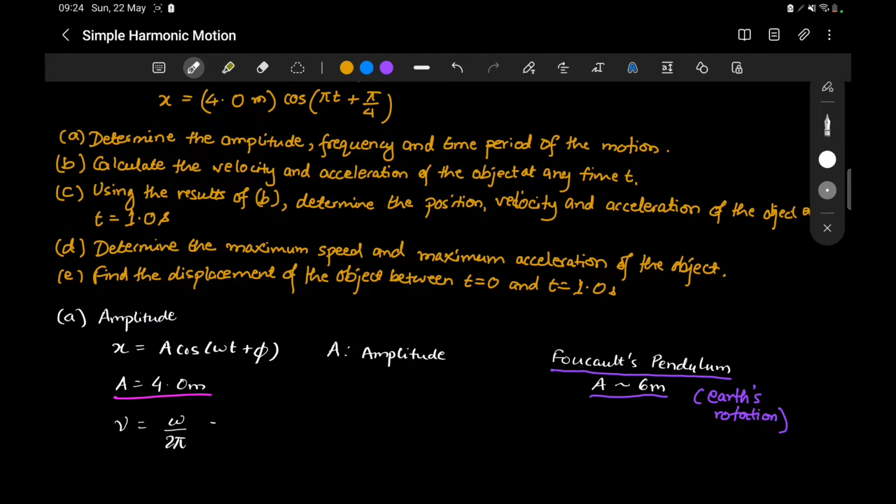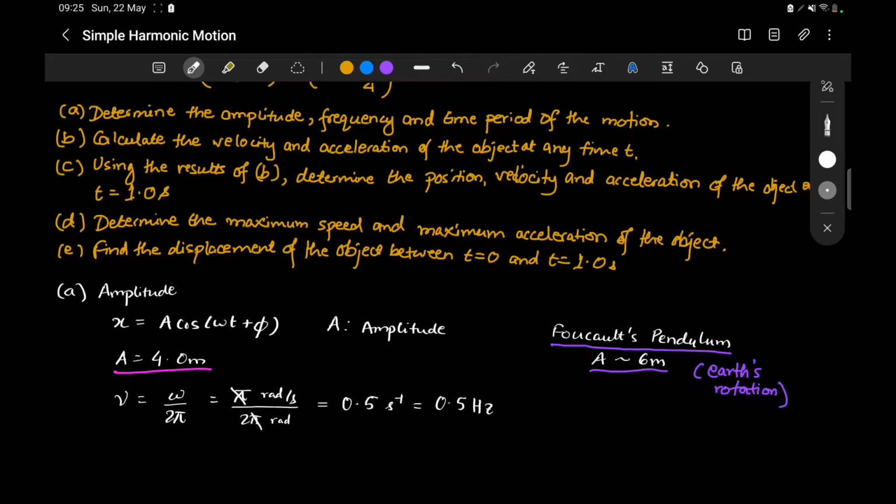So omega over 2 pi is pi radians per second over 2 pi radians, which is 0.5 second inverse, equal to 0.5 hertz. So this is our frequency.